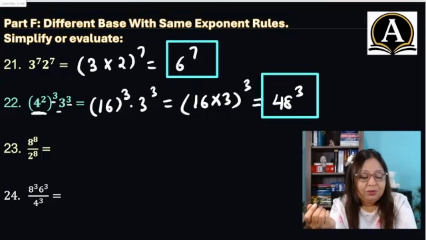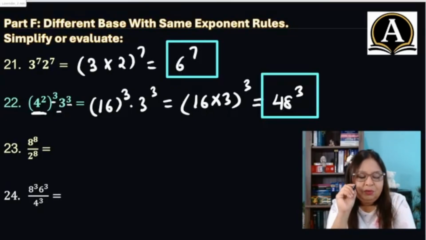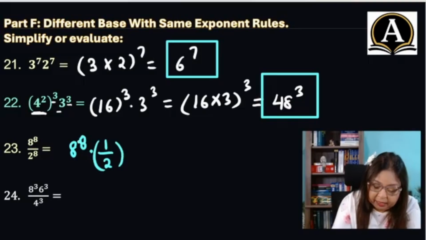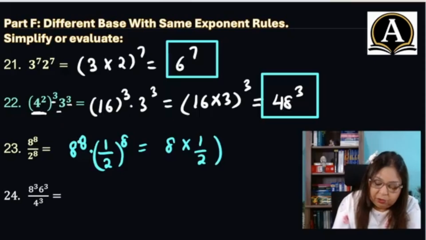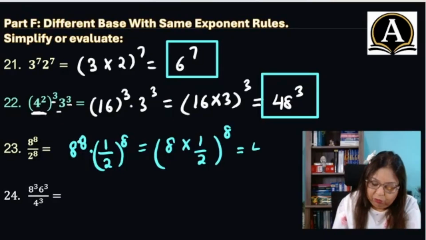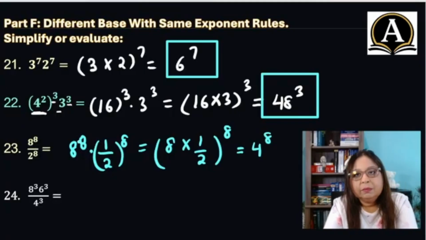23. Again, it's different. Not so much. Watch this. We can write number 23 as 8 to the power 8 times 1 over 2 to the power 8. That means it is 8 times 1/2, to the power 8, which is 4 to the power 8.